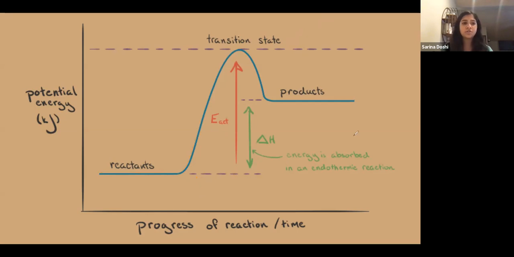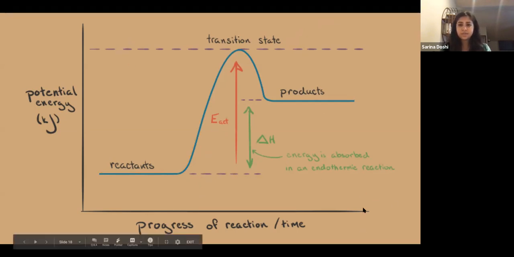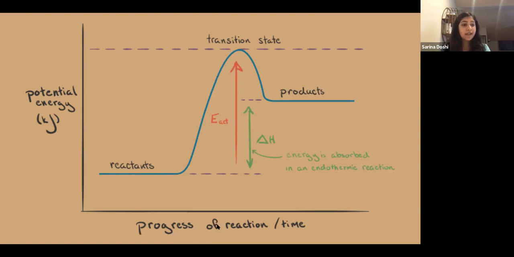This right here shows an endothermic reaction in which energy is absorbed. So your reactants start low. Then you have this E-act, which is your activation energy. It's the energy that you need just to carry out the reaction. The activation energy will go all the way up, and then it'll drop a little bit and you'll have your products.